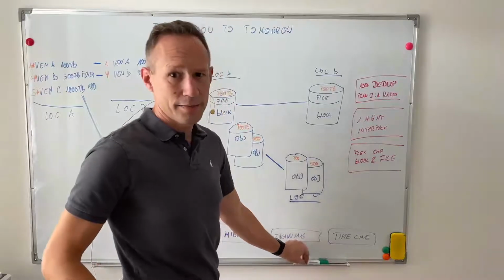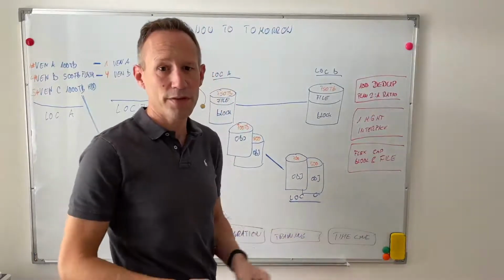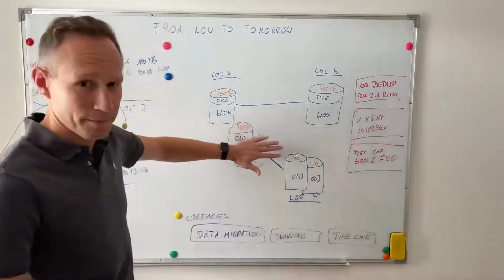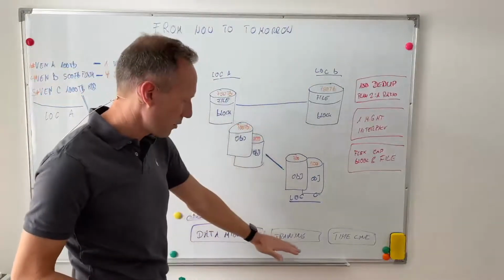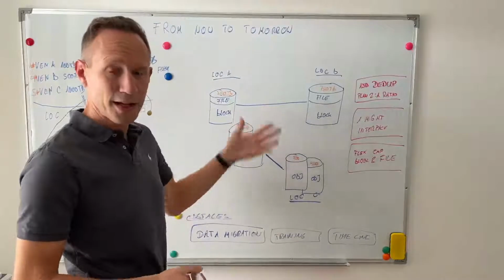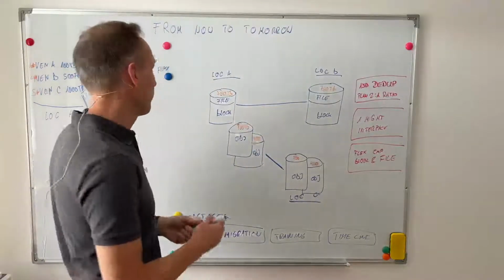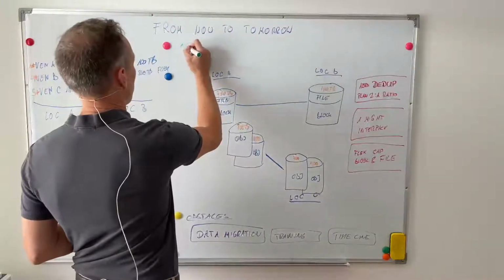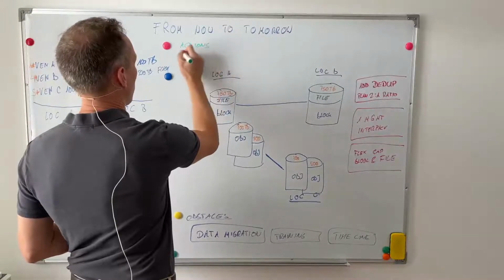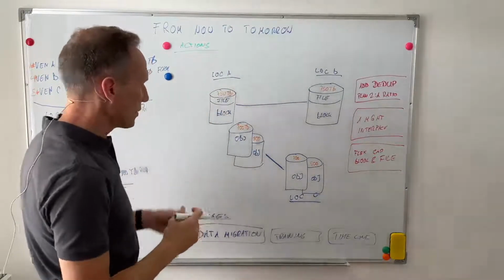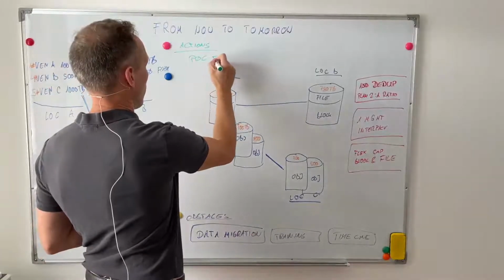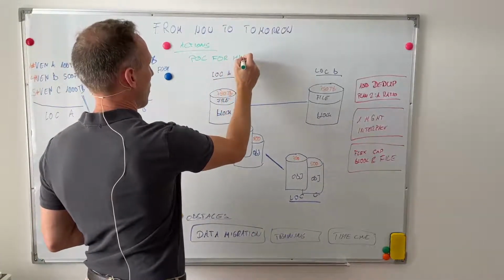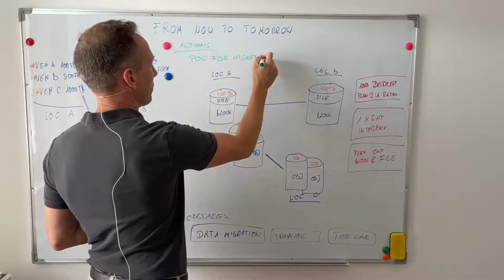On the other side, there are some actions that we want to define to make this happen. So what could we do for tackle data migration, training, timeline? What actions could we bring in? So the first thing that we want to do is a POC for migration.